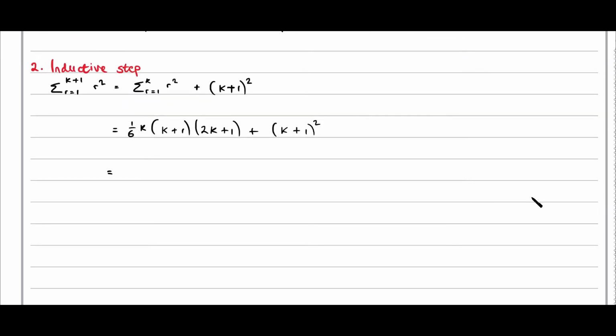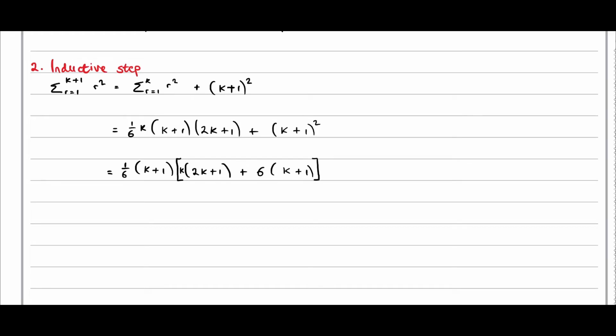So with that being said, we see over here, we can factorize out a 1/6 lots of k plus 1. And inside the big bracket, we have 2k plus 1. And then we add on 6 lots of k plus 1. And don't forget, we still have this extra k over here.